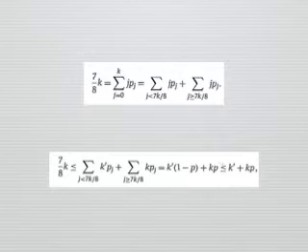The right-hand side of the above equation only increases if we replace the terms in the first sum by k' times pj and the terms in the second sum by k times pj.